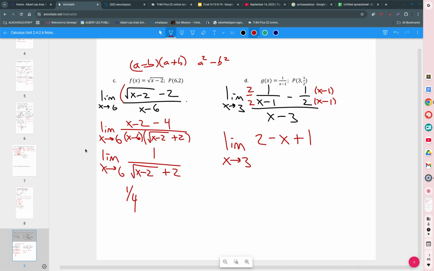Okay? Second mistake is that you don't treat this denominator properly. It is just 2 times x minus 1. I always leave it in factored form. And finally, you forget to write the whole denominator after that. This is all over x minus 3 over 1.